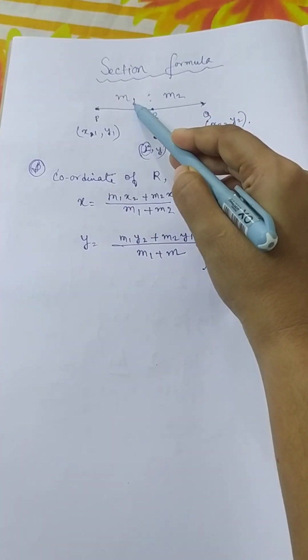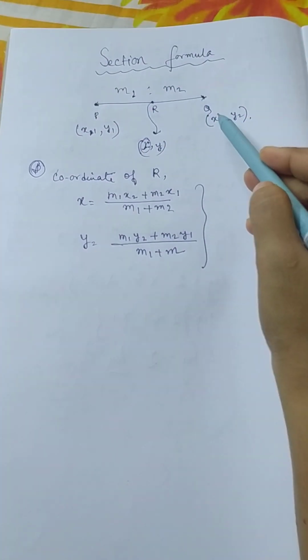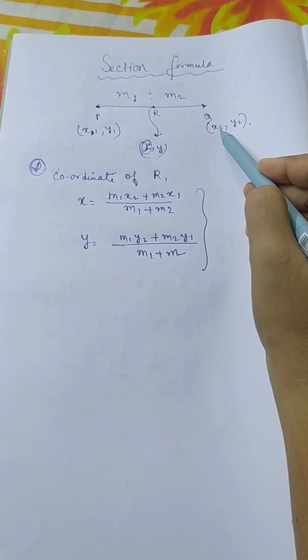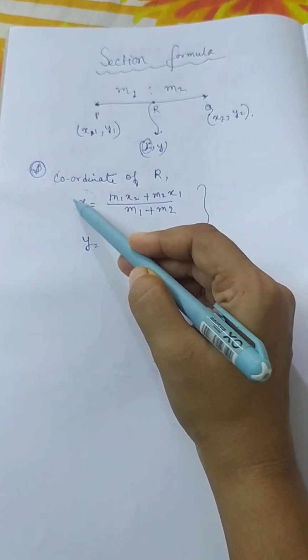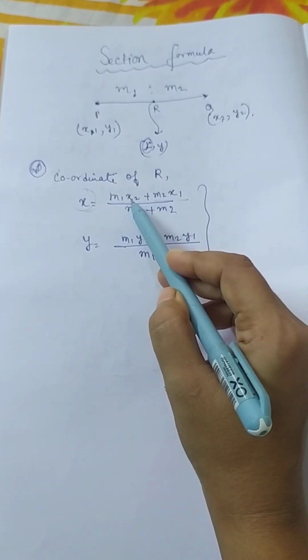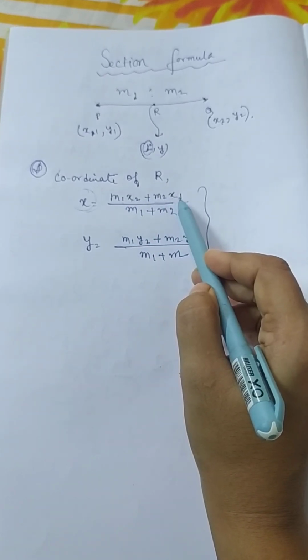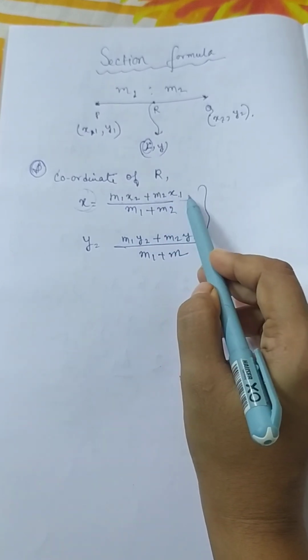M1 means this part, M1 x2 plus M2 x1. That means when I am dealing with the x, in the numerator everything will be x, either x2 or x1.